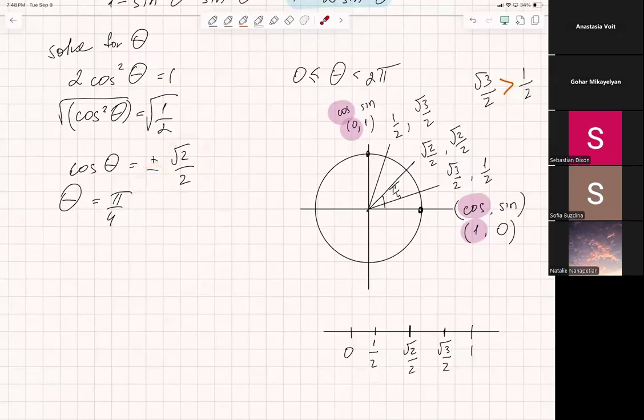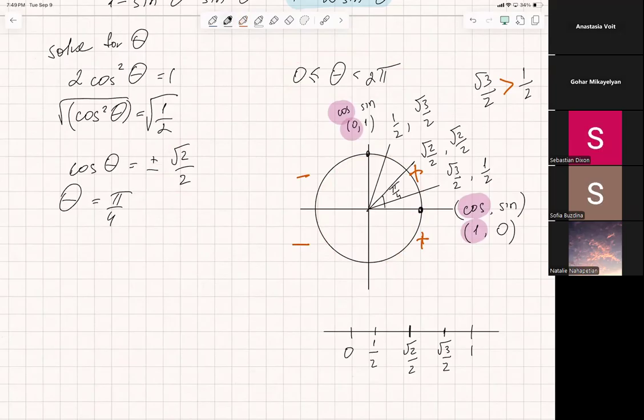So we need to count, and the restriction on the domain is the full cycle. Cosine is positive in the first and the fourth quadrant, and negative in the second and the third quadrant, so we need to include all of those values.